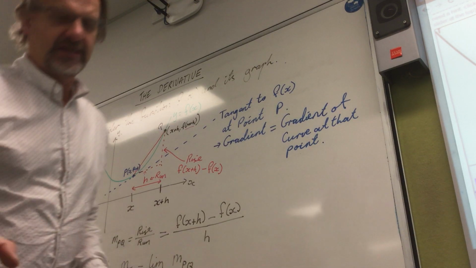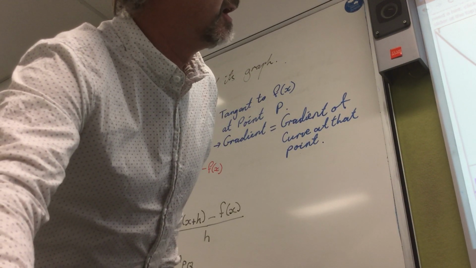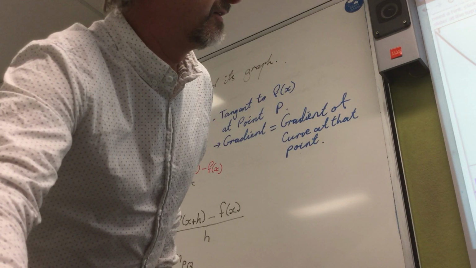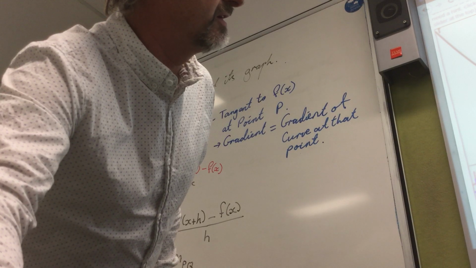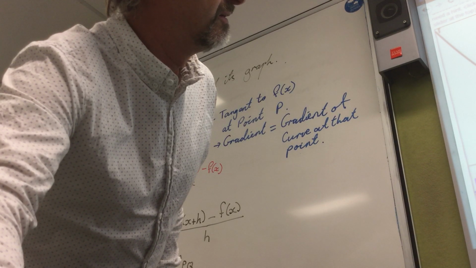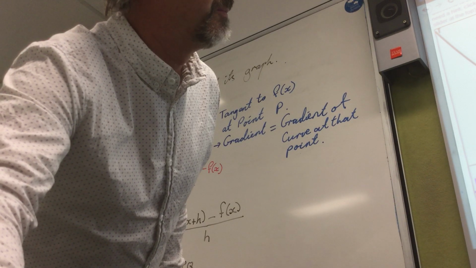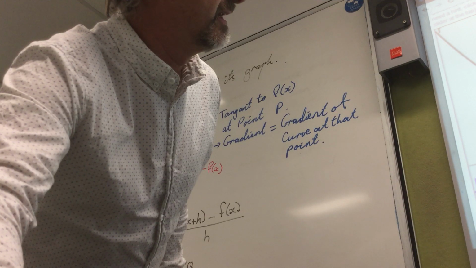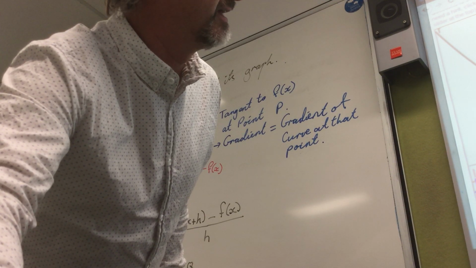Does that make sense? Again, looking at the graphic, we'll start with h5. As h gets smaller, going to 0, the gradient of that red line and the gradient of the blue line get closer and closer and closer. When it's 0, it disappears. If I go into negative, it's now less than that.